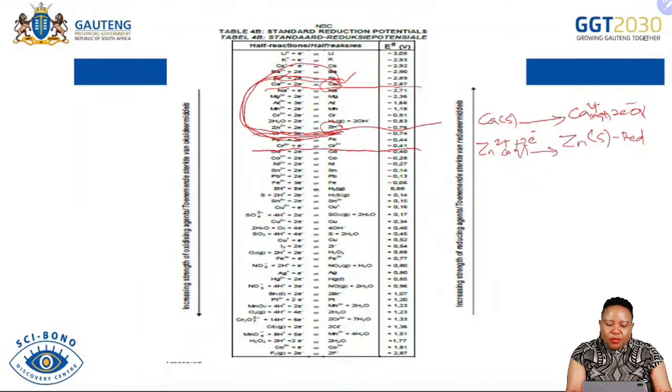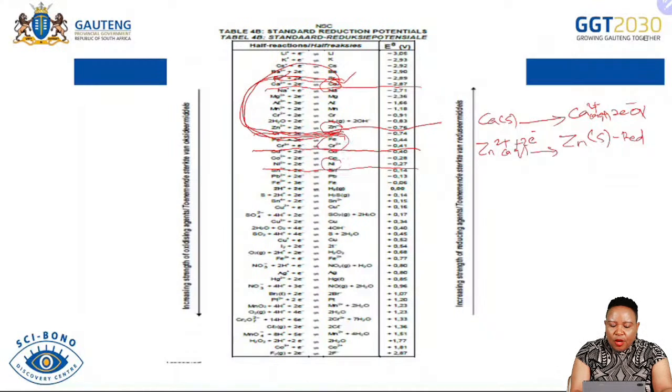Let's say this chromium 2 plus, chromium 3 plus is reacting with the nickel half cell to undergo oxidation and reduction. Obviously, the Cr2 plus is on the right hand side, meaning it is a reducing agent, and so is nickel, but this one is going to be our stronger reducing agent as compared to nickel. So Cr2 plus will undergo oxidation and nickel will undergo reduction.